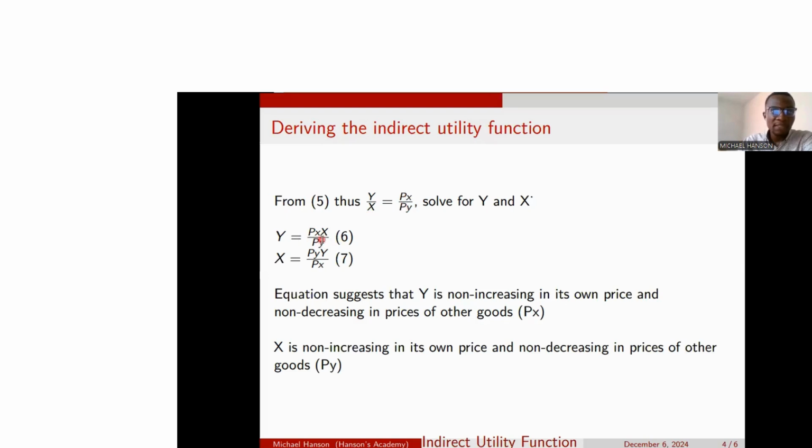That is equation 6. You want to find x also. It means that you need to cross multiply both sides, then you divide through by Px, and that gives you equation 7. So you can see from here, this is not a final conclusion.